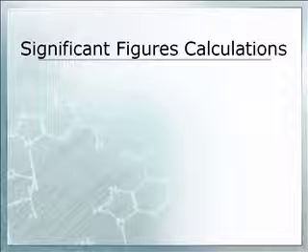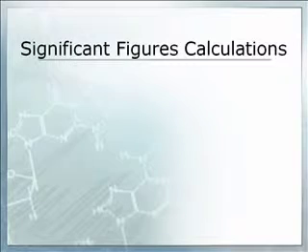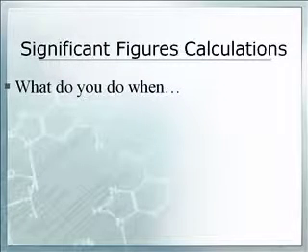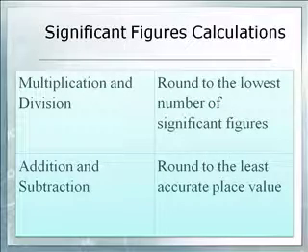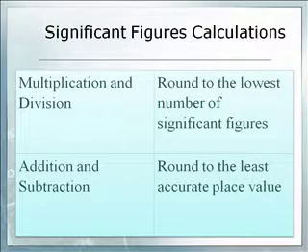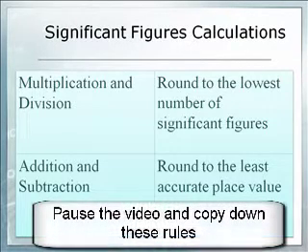Okay, so we're just going to do a lot of problems here today. What do you do when you have to add, subtract, multiply, or divide? Well, there are some rules you have to follow, and they're different. We have two different sets of rules: multiplication and division, and addition and subtraction. So guys, push pause on your video and write this down.